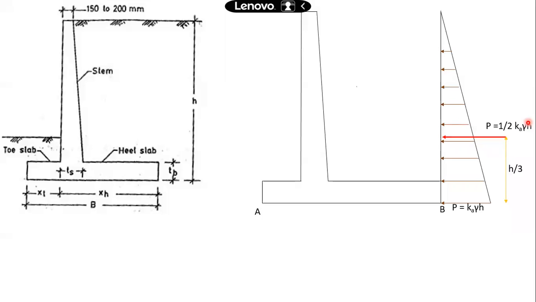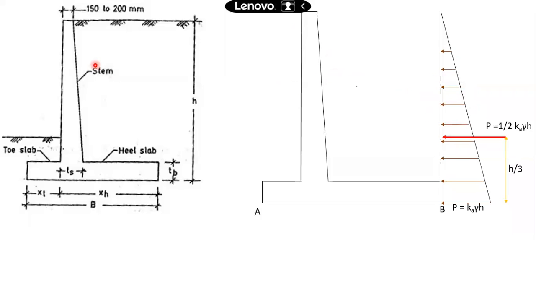Now the position of this resultant will be at the centroid of this triangle, which is at a distance H by 3 from the base. So that is the location of our resultant. This is one of the forces, a primary force in our earth retaining structure. We are designing this retaining wall to sustain this force. The stem has to withstand this force.